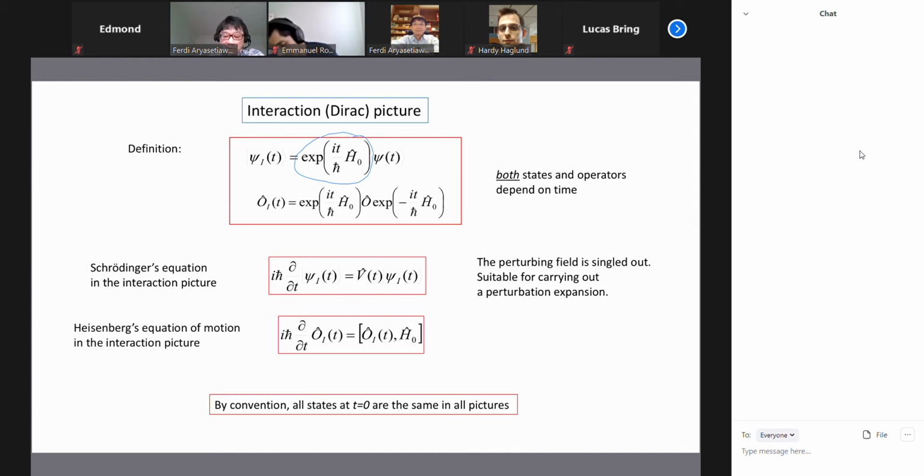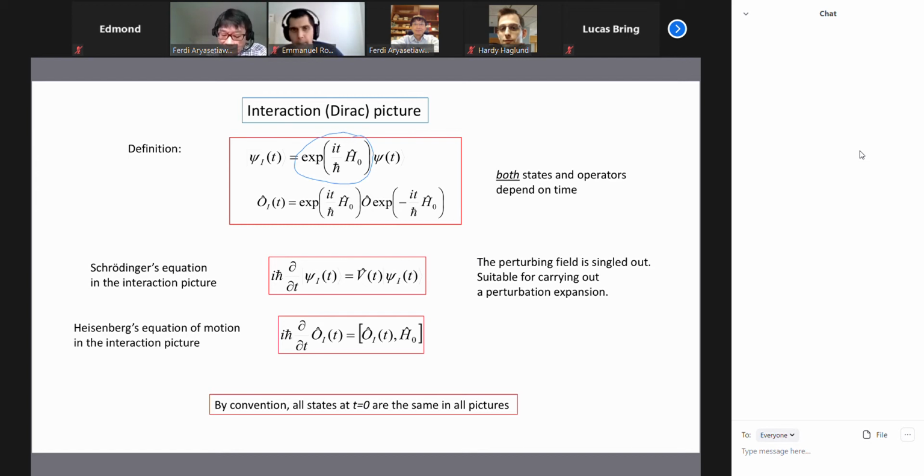So remember, we see that the sign here is positive, so that rewinds the state back to time t equal to 0 if there is no perturbing field. But this is, of course, not the same as the state at t equal to 0 because we have an additional potential which depends on time. So this is the definition.